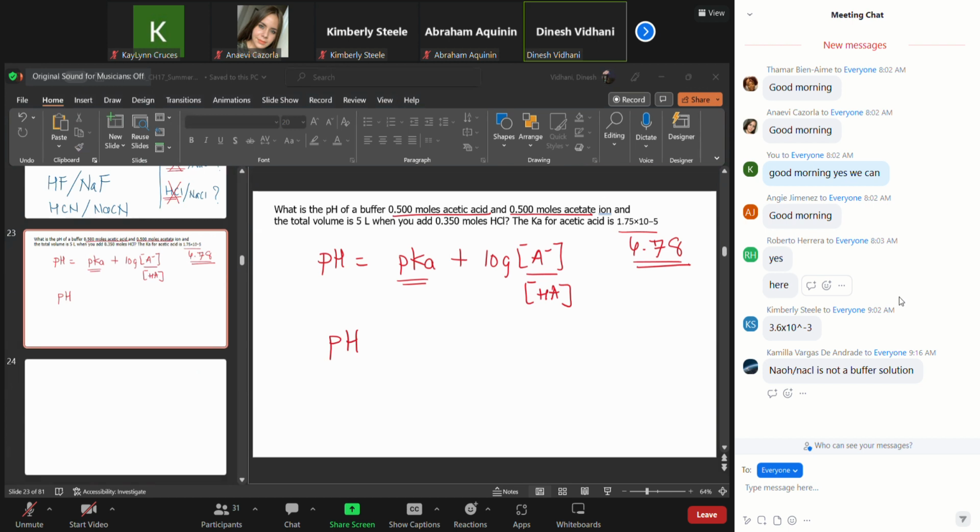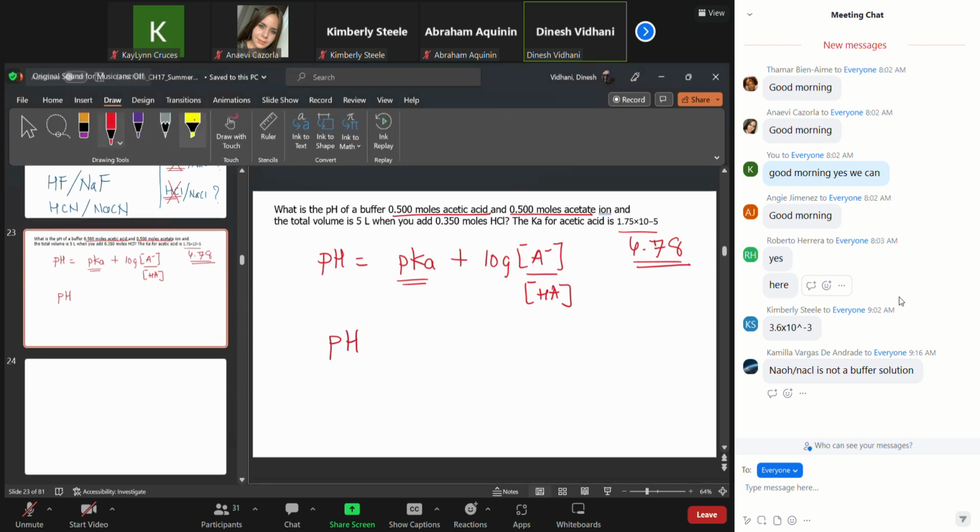It's not 0.5 and 0.5. Let me show you something here. This should ring a bell. What is the concentration of the acid? It's 0.5 moles in 5 liters. So you should know the molarity, because that's what you put here, not the exact number of moles. You're going to put molarity.